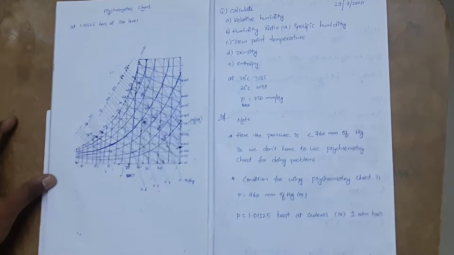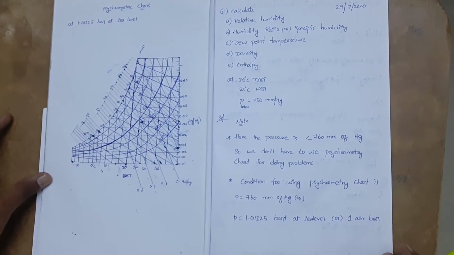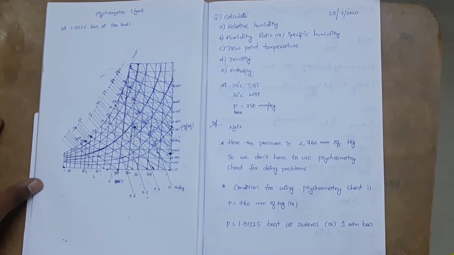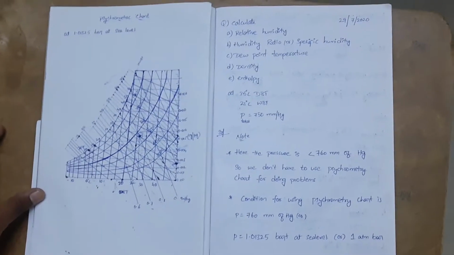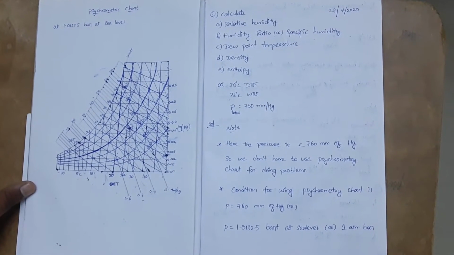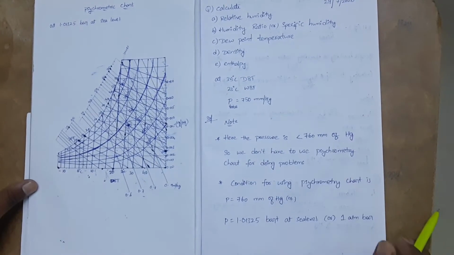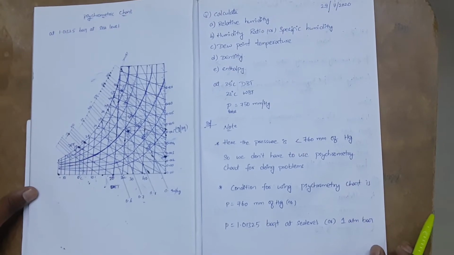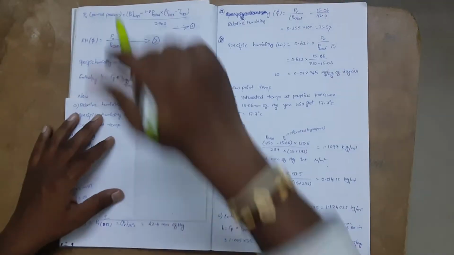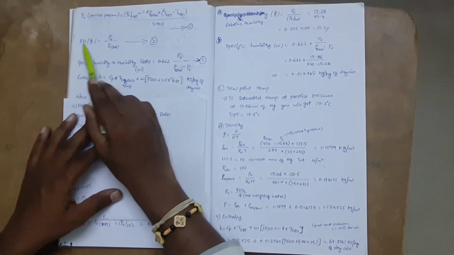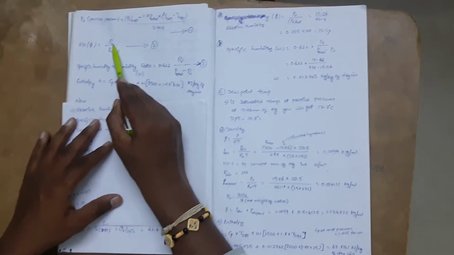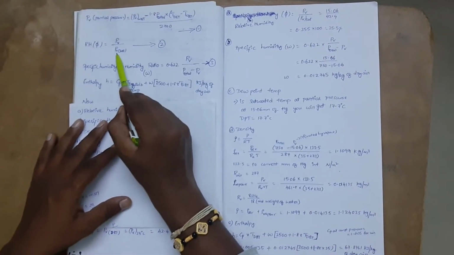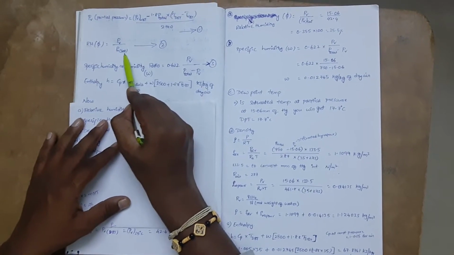For doing this problem, we have to use some formulas. Now we will see those formulas, how to find relative humidity and the other ones respectively. For finding relative humidity, we have to know first the partial pressure and the partial pressure at saturation temperature.